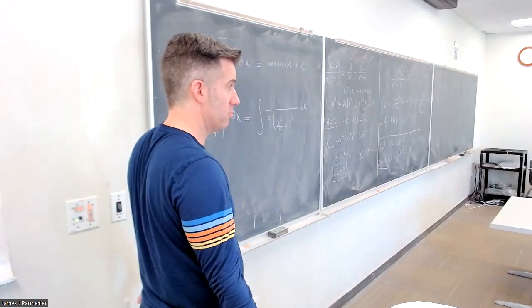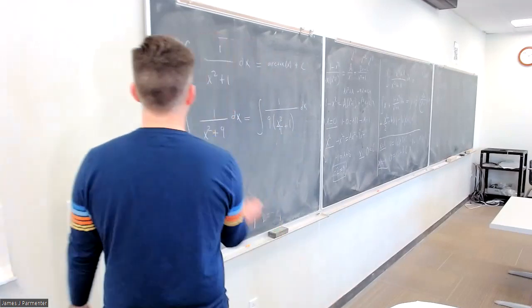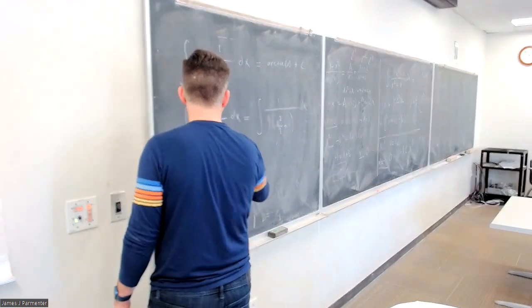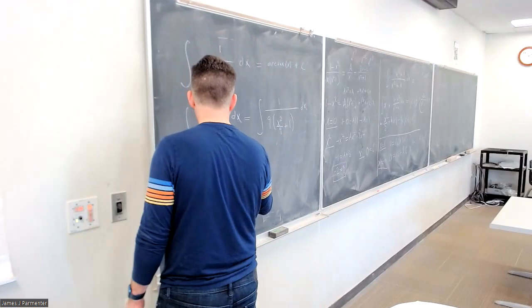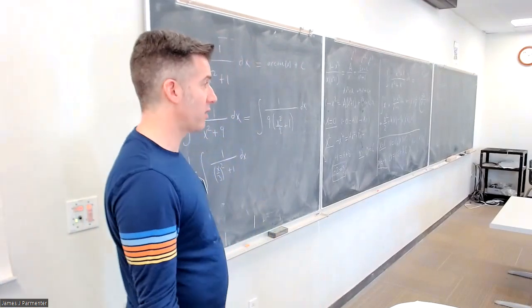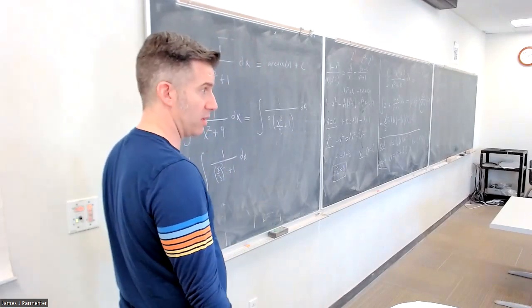Everything's still the same, just different. Then we factor out the 1/9, and we have 1 over x over 3 squared plus 1. The idea here is you let u equal x over 3, because then you will have a u squared plus 1 in the denominator.